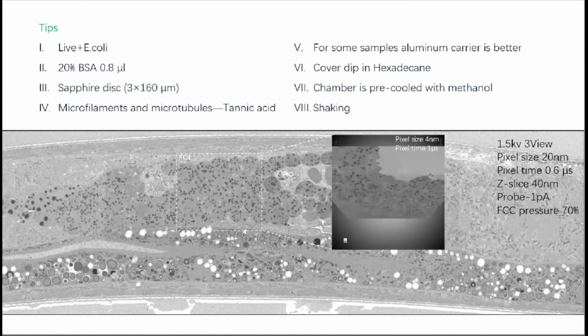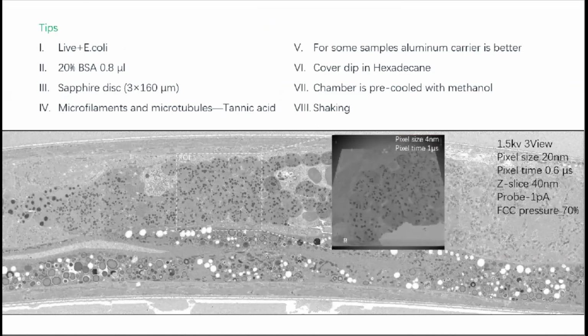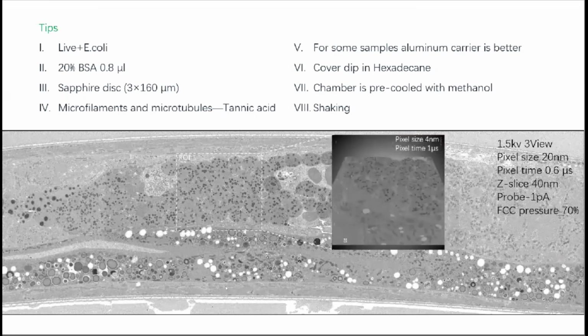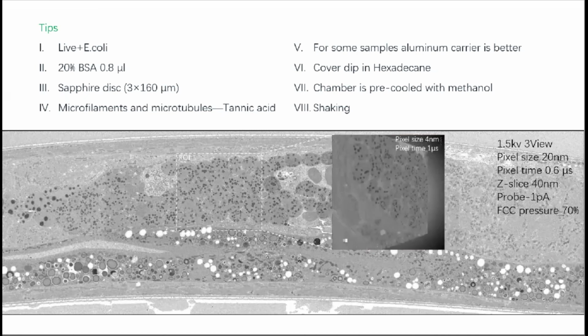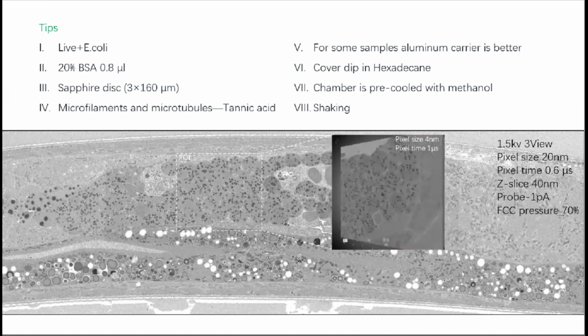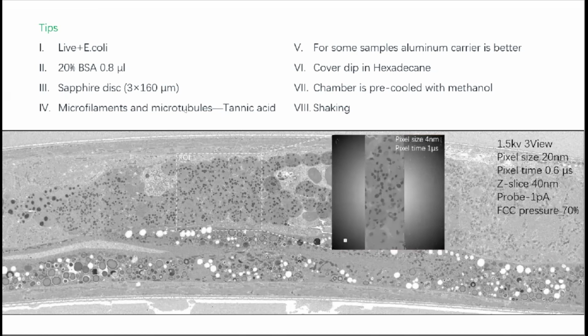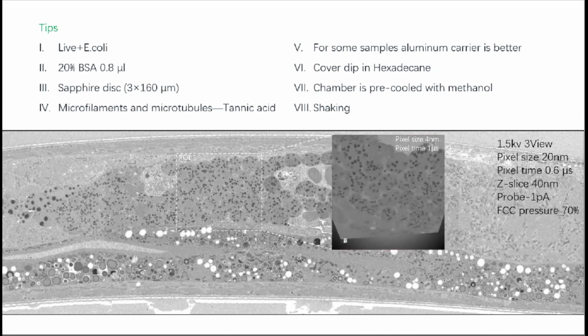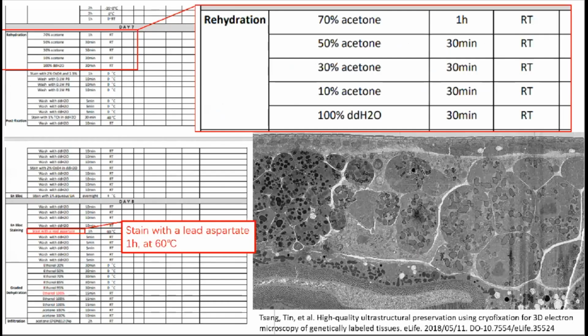And this slide shows the C. elegans local structure. You can see this structure is better than chemical fixation. And in this, although we use the ROTO, there is no lead staining. The researcher thinks the contrast of the imaging is not good if we didn't use the lead.